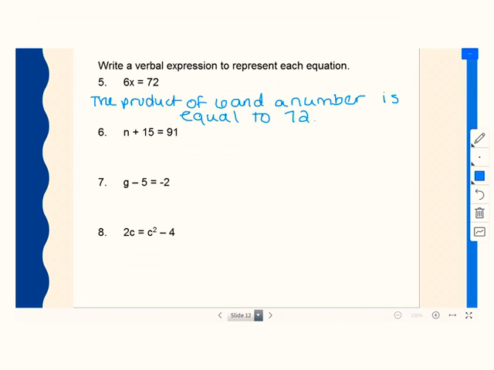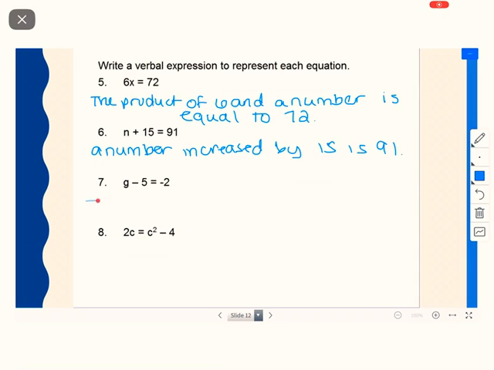N plus 15 equals 91. So you could say a number increased by 15 is 91. You could say 5 less than a number.